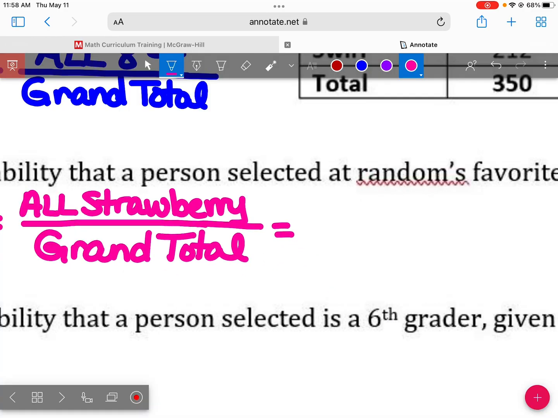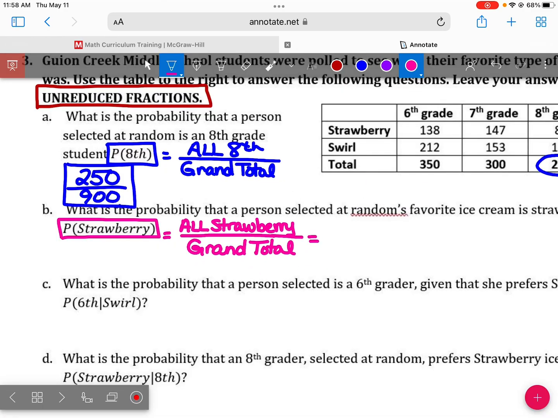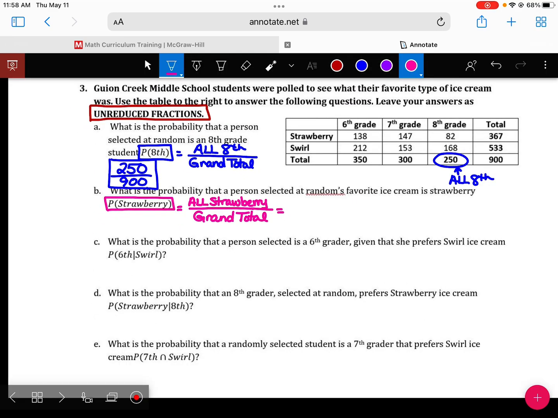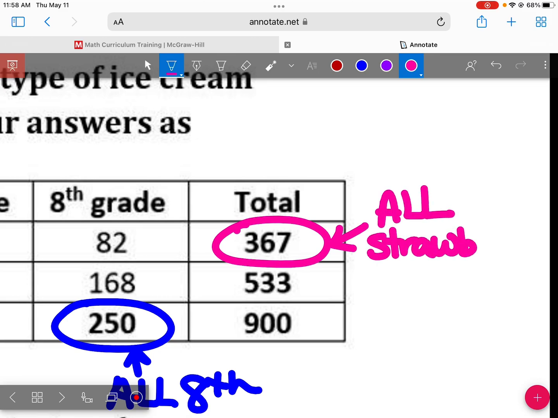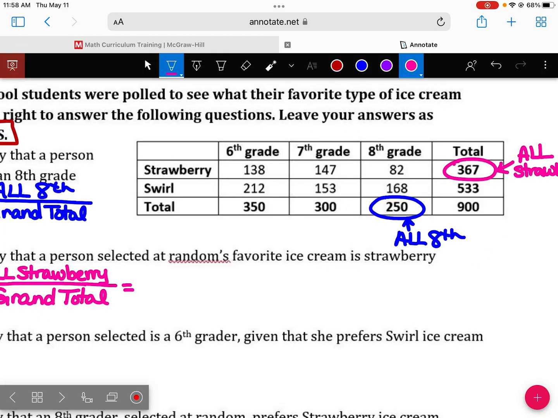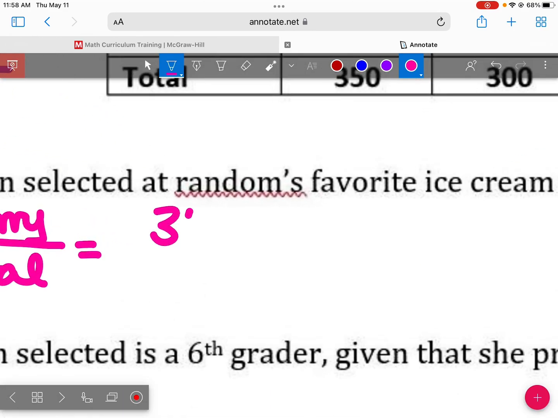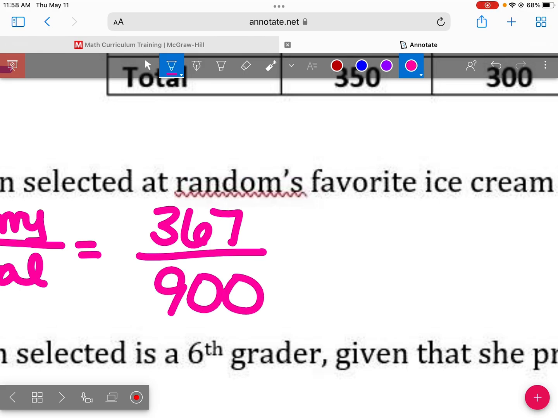Nope, not on this one. How many people total said strawberry was their favorite? 367. This is all strawberry. Out of? 900.